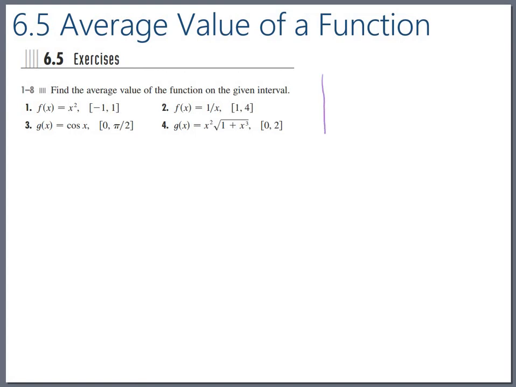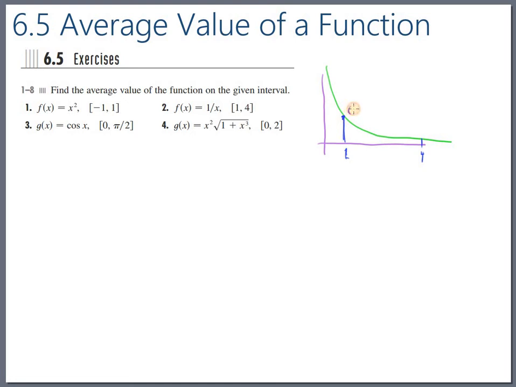I always like drawing pictures, so let's see, 1 over x looks like this, and from 1 to 4. Okay, and we're trying to find the average value.